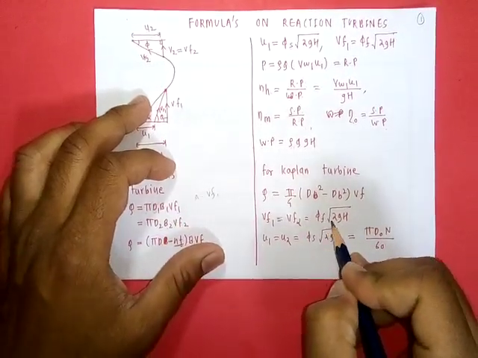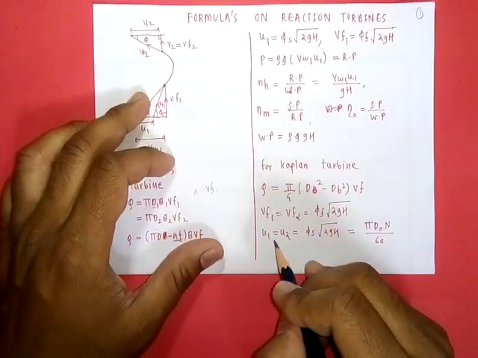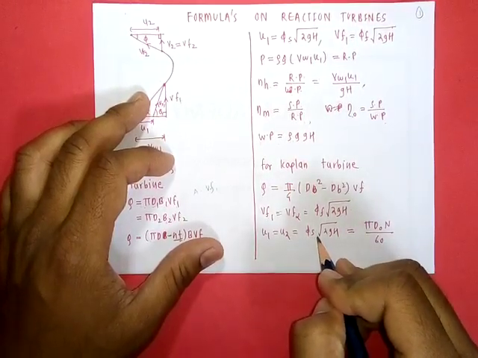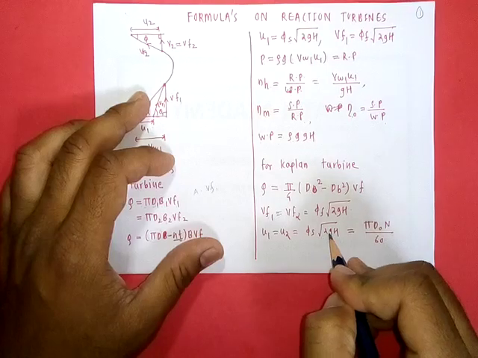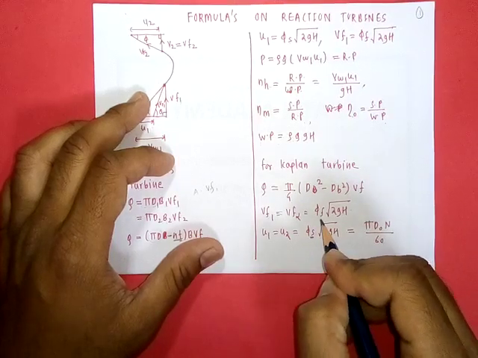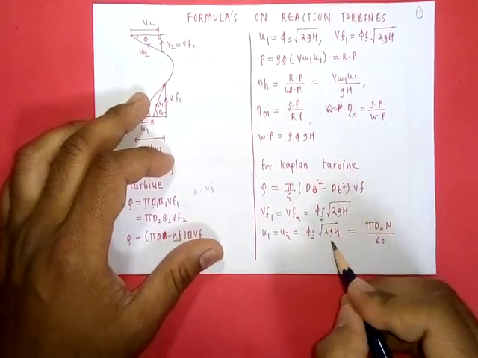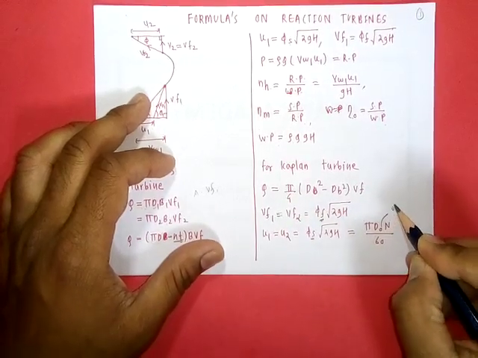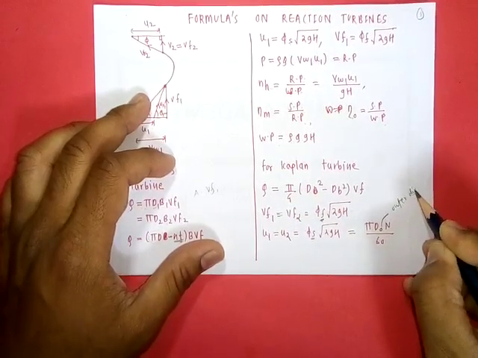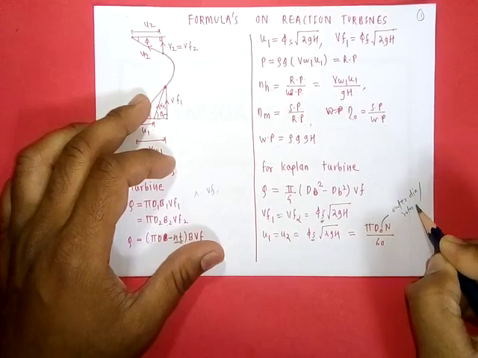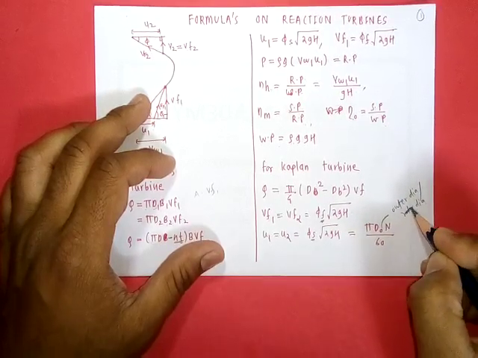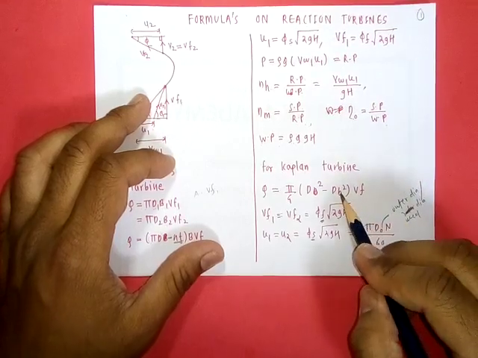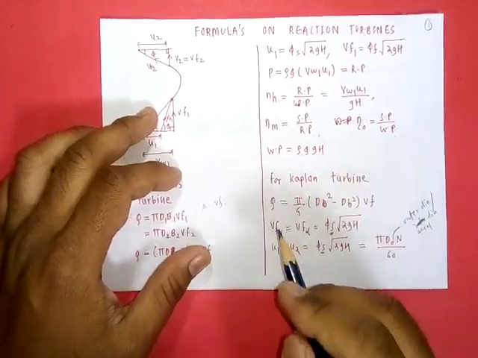It is equal to phi f root 2gH, and linear velocity at inlet and linear velocity at outlet are the same, and that is equal to phi s root 2gH. This is speed ratio, this is flow ratio. Again, this linear velocity is calculated for outer diameter or wheel diameter, not for hub diameter.